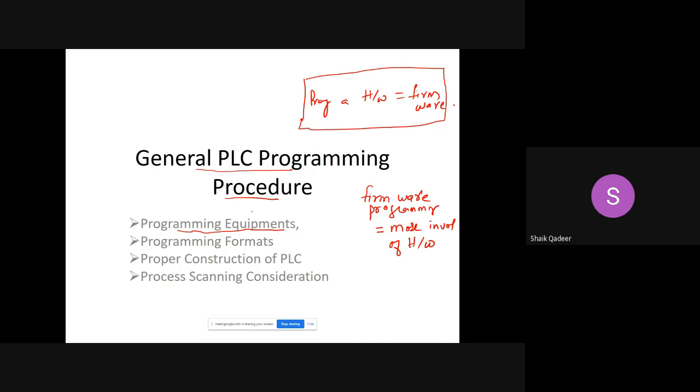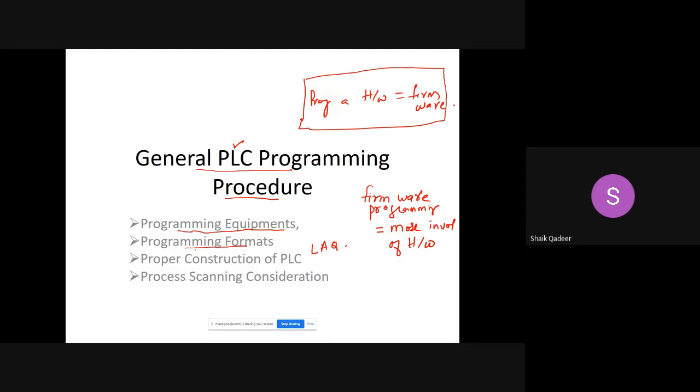How can we program a PLC hardware? What is the equipment available to program a PLC hardware? We will cover that as the first topic in today's class. Then programming format is covered next. After that, there is going to be a long answer question, LAQ.